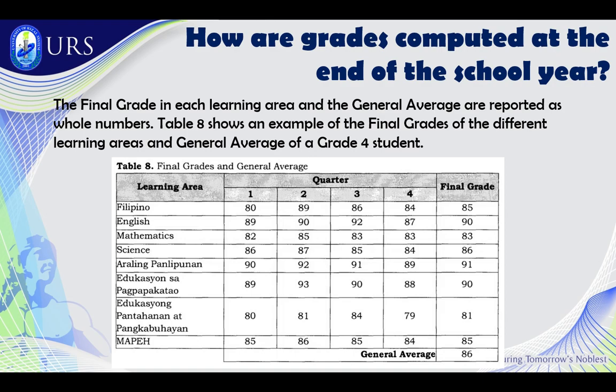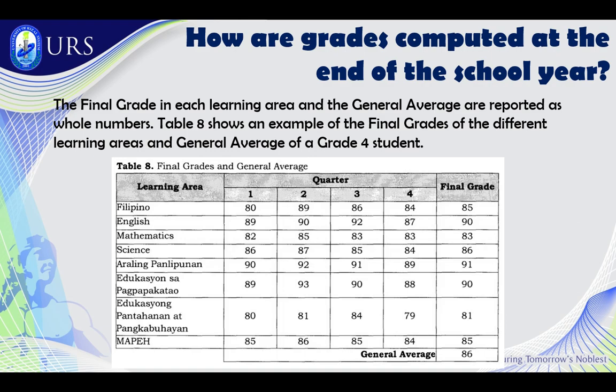So makikita po natin yung mga grades niya ng quarterly from first to fourth quarter. So, for example po, ang Filipino, ang grade po niya sa first quarter is 80, 89, 86, and 84. And i-divide po yan. Ipa-plus po yan, i-divide sa apat. So, ang final grade po is 85.